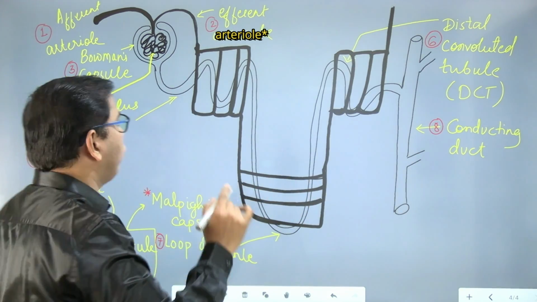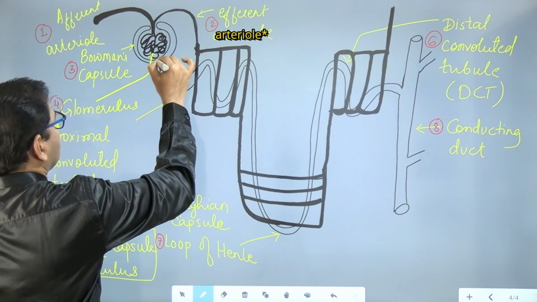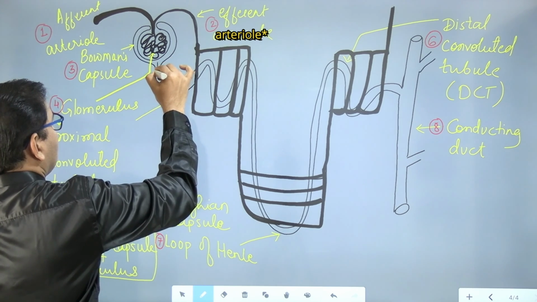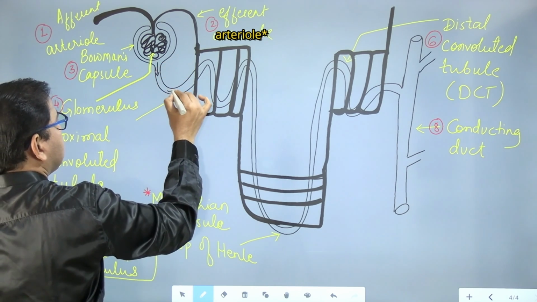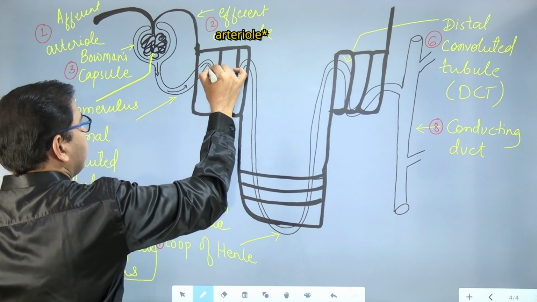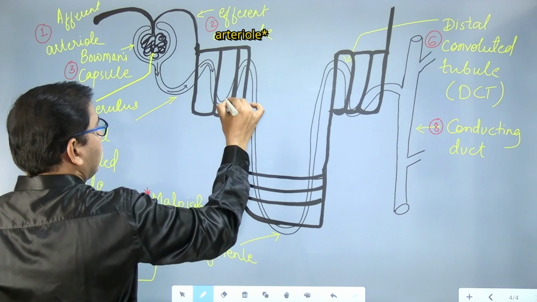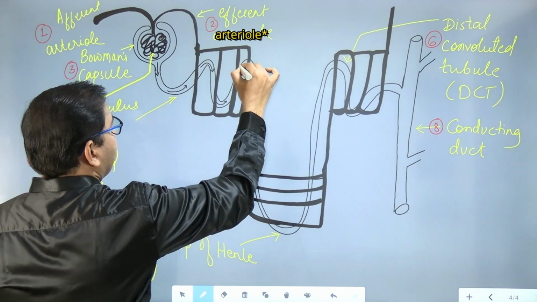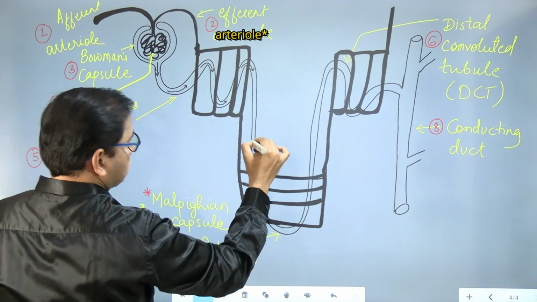Finally, please don't forget to show these arrows, the fluid which is traveling through the nephron, the journey of this fluid. You have to represent it with the help of the arrows.